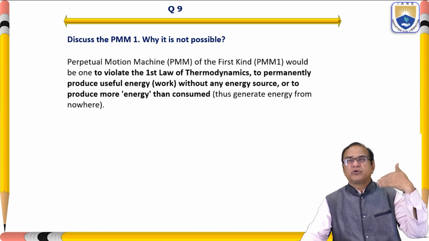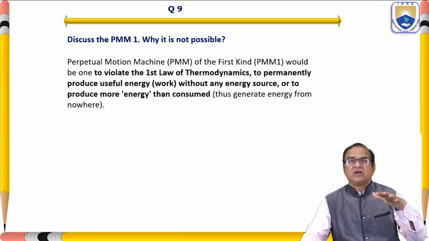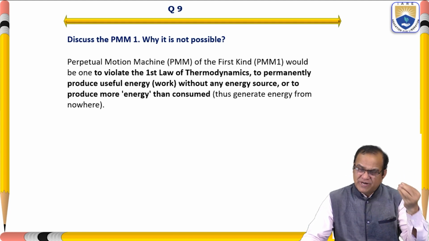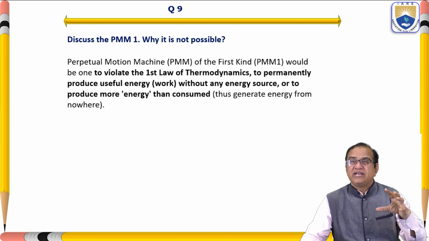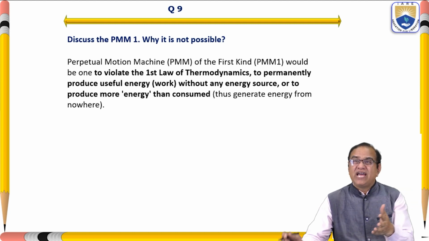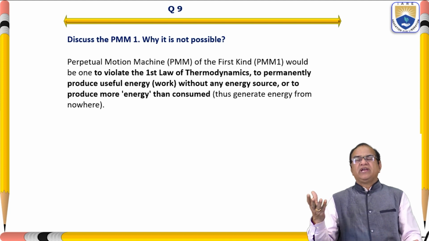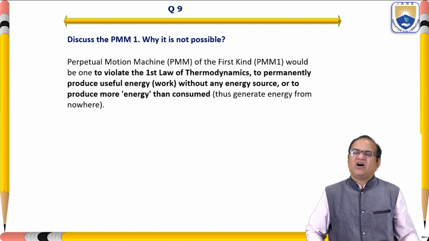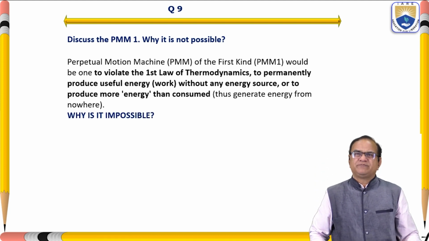They are able to produce useful energy without spending any energy, or they give more energy, or produce more work than you are supplying. So it is a violation of the first law of thermodynamics. Why is it impossible? That is the second part.